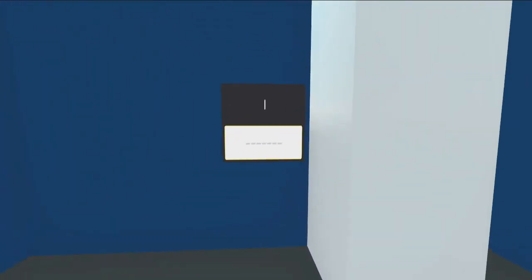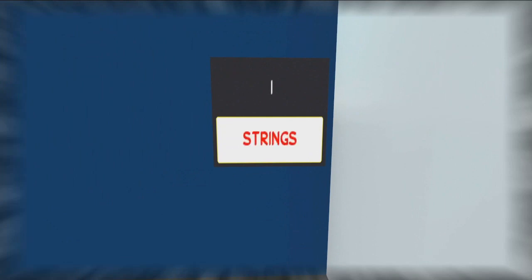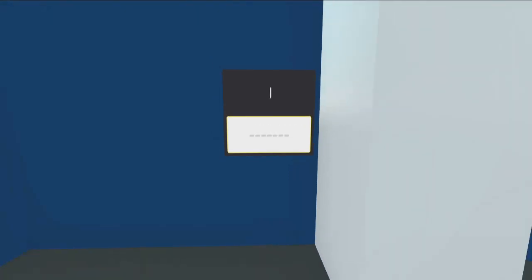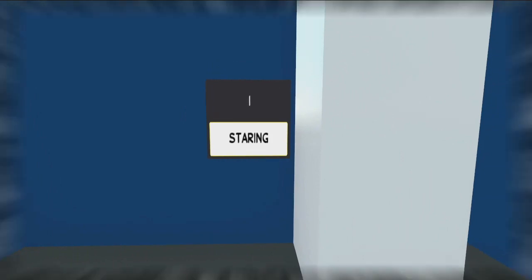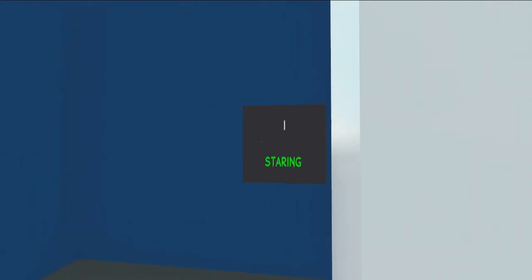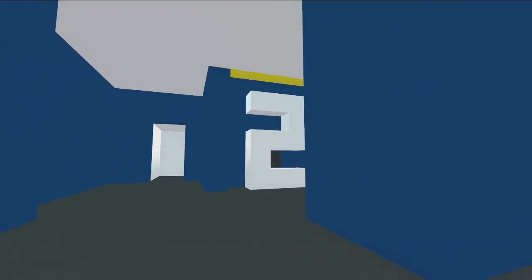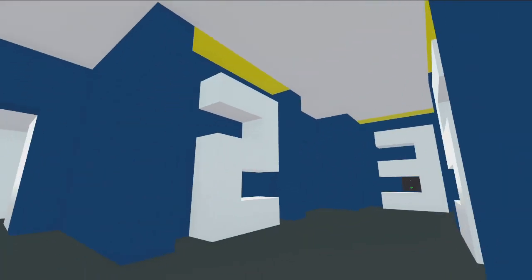And then 7 is strings. Stringy. What else could that be? Could be staring. There we go. Okay, so I've updated all my notes with those words. I believe that's all of these solved.